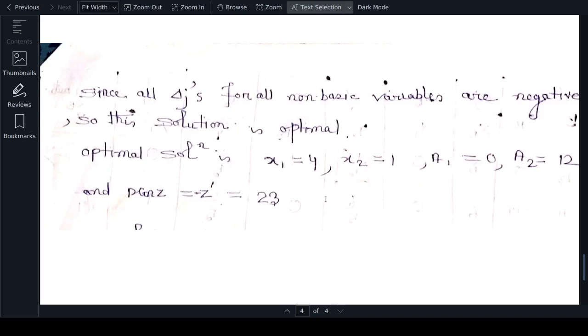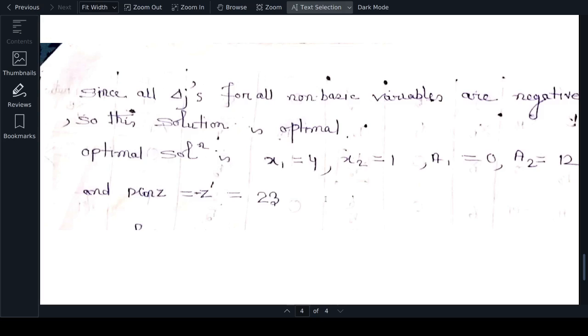Just remember one thing: if an artificial variable is the outgoing vector, then we will not write it in the next table. This is the major part. Sometimes, if we do not eliminate the artificial variable from the basic variables, this gives us no optimal solution.